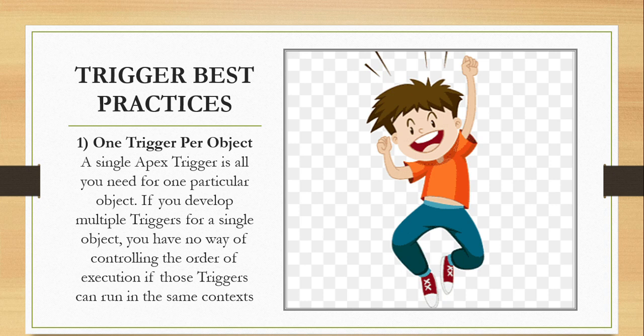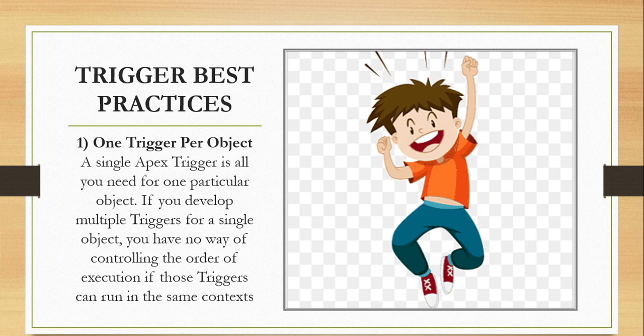You have to follow the existing code and add your scenario to it. Because if you write two triggers on the same object, the order of execution is not controlled, and which one is executed first cannot be controlled by yourself. So the best practice is to write one trigger per object.